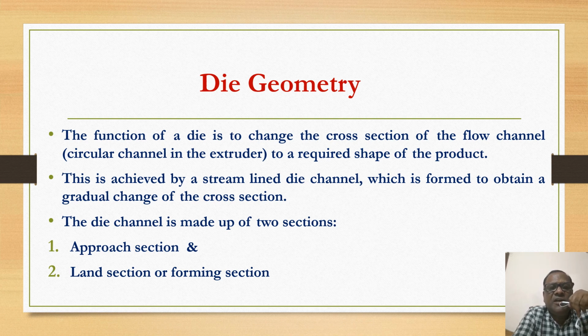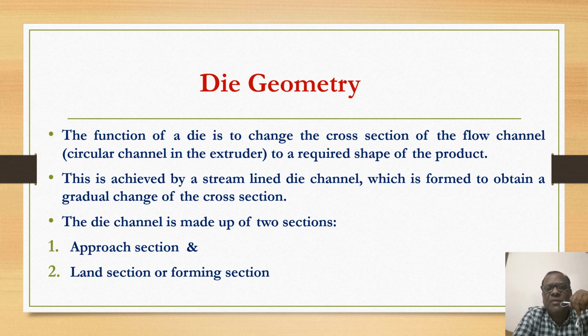The function of a die is to change the cross section of the flow channel, that is the circular channel inside the extruder, because the barrel geometry is circular, to the required shape of the product, whether we require a pipe or another type of shape.